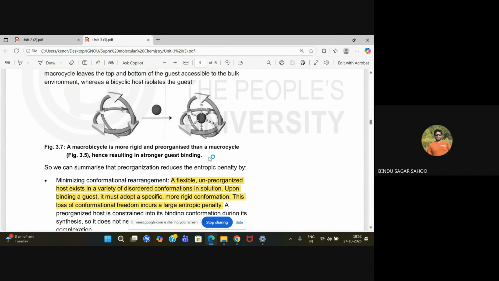The next factor that can affect the molecular receptor's activity is minimizing the conformational rearrangement. If you initially take a flexible host, it exists in a variety of disordered conformations in solution. Upon binding a guest, it must adopt a specific, rigid conformation. This loss of conformational freedom incurs a larger entropy penalty.